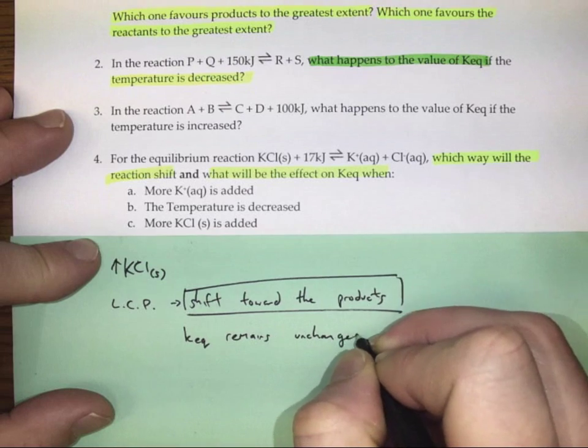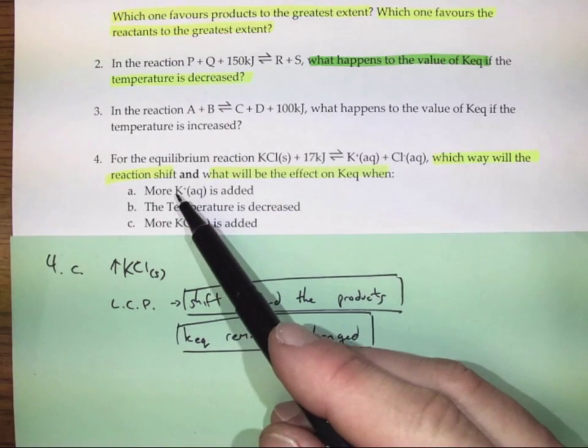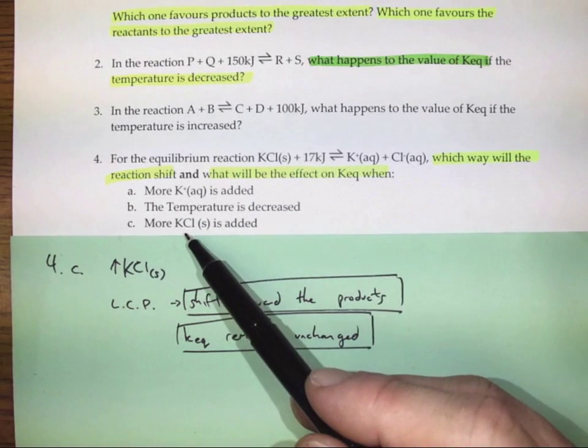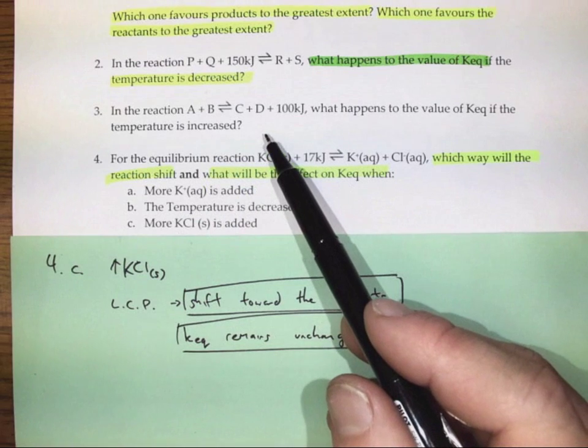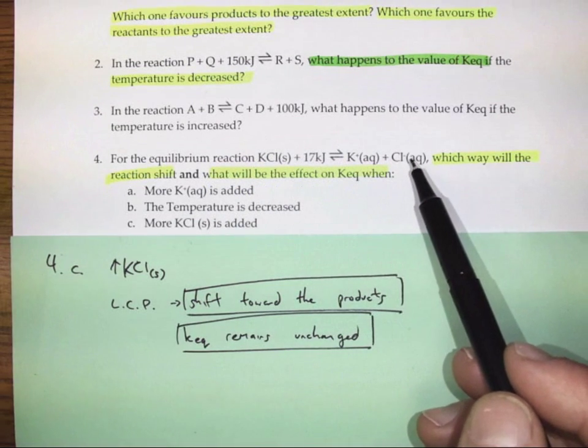So it's the same argument as why adding potassium ions did not change the value of our equilibrium constant. Adding more potassium chloride, well, the reaction does shift to consume some of that and create a few more products.